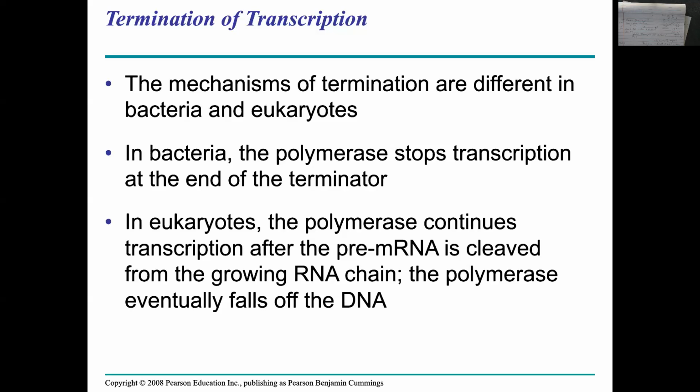What do you mean longer? Past the stop, it sees the signal, and it goes a little further, just to be safe, maybe. So in eukaryotes, the polymerase continues transcription after the pre-mRNA is cleaved from the growing RNA chain. The polymerase eventually falls off the DNA.